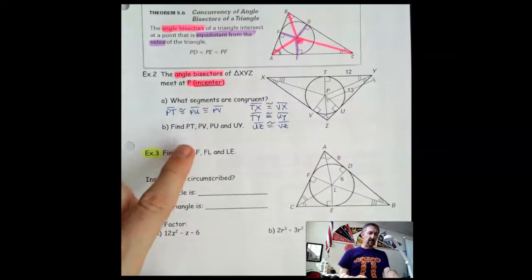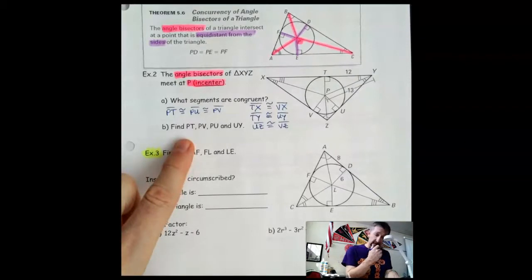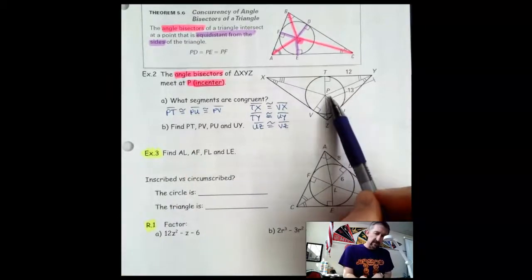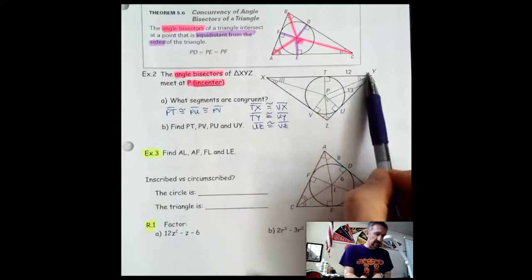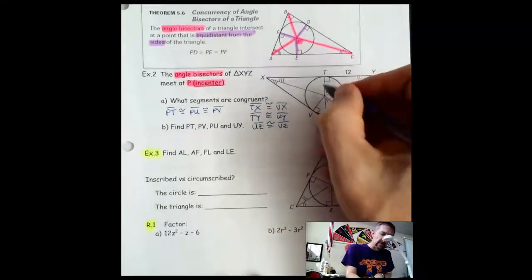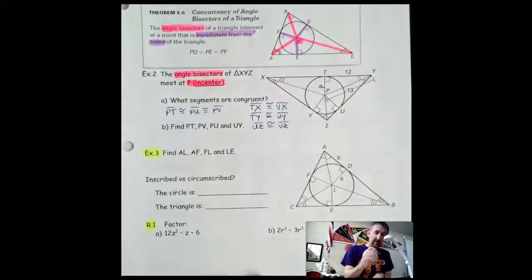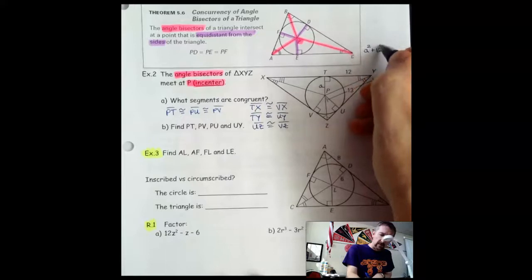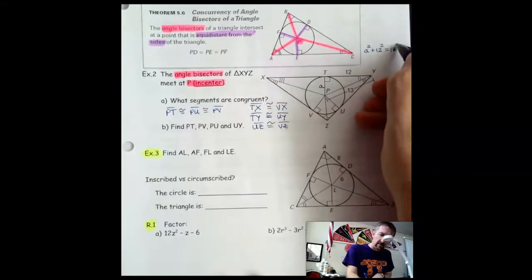Now it says find some of these numbers. So PT. PT is right here. So they've given us this is 13 and this is 12. So we can use the Pythagorean theorem. We mentioned that the other day. So if we call this A, those are the legs, we're going to have A squared plus B squared equals C squared.